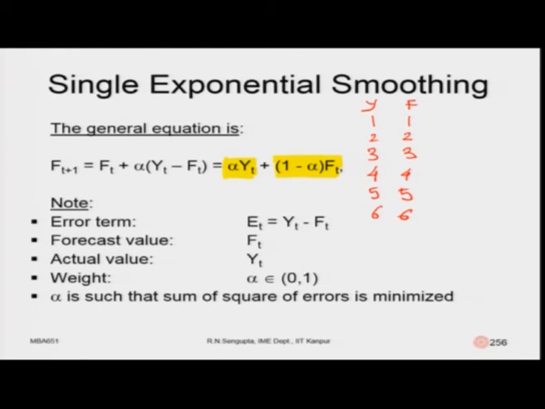If you are trying to predict for the seventh time period, obviously the actual has not arrived yet for y 7. So, you are utilizing the data points for the 6 time periods, using the y and f, to predict f for the 7th period.